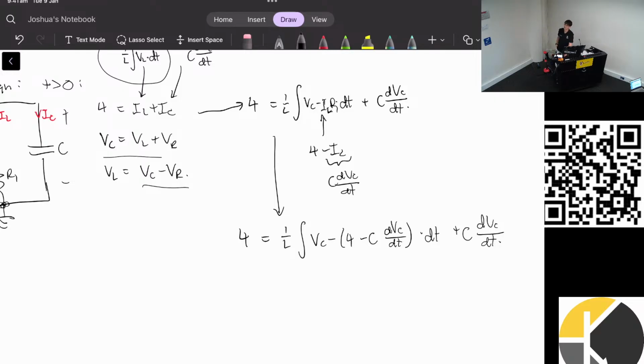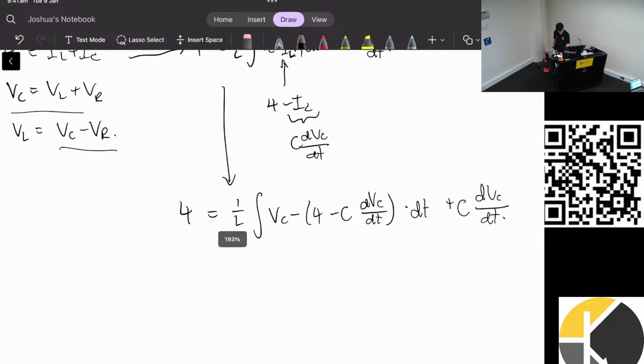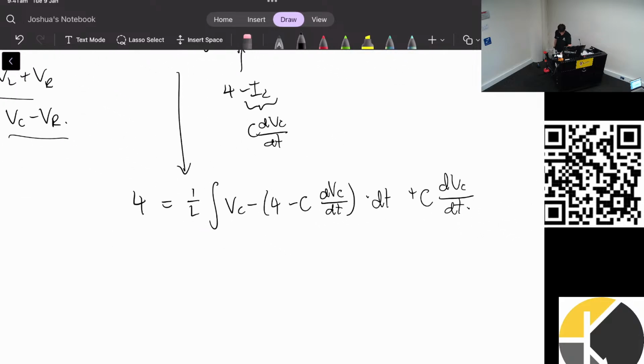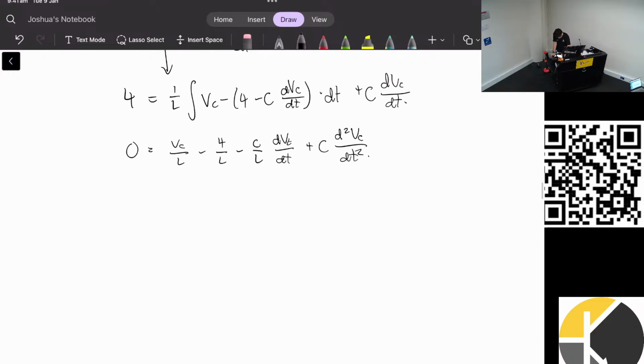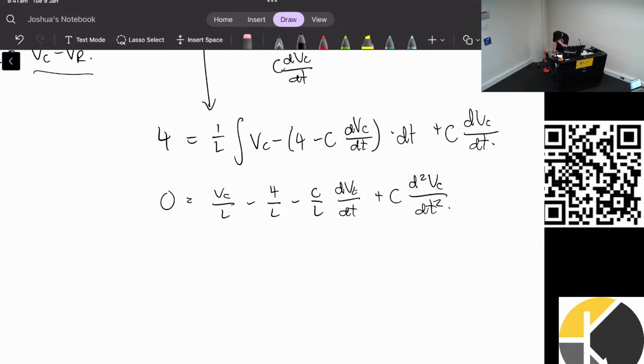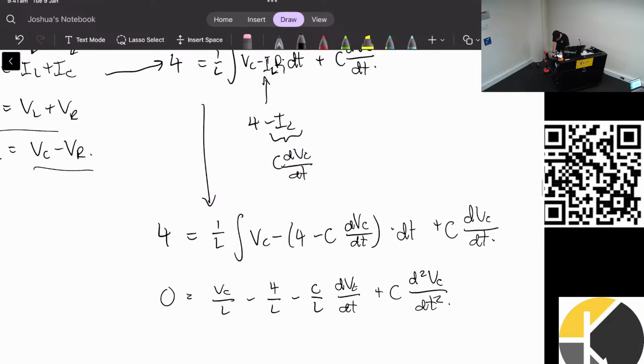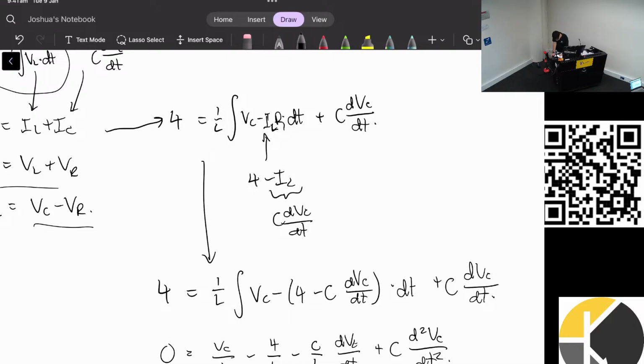Are we following so far? It's a bit messy, but we're getting there. Okay. So now, again, I don't like this integral, so I'm going to differentiate both sides. The 4 becomes a 0. And I have VC on L minus 4 on L minus C on L dVC dt plus C d squared VC on dt squared. Great. So if I rearrange this a bit, am I missing anything? Oh, I am missing something. This is all meant to be times by R. My bad.